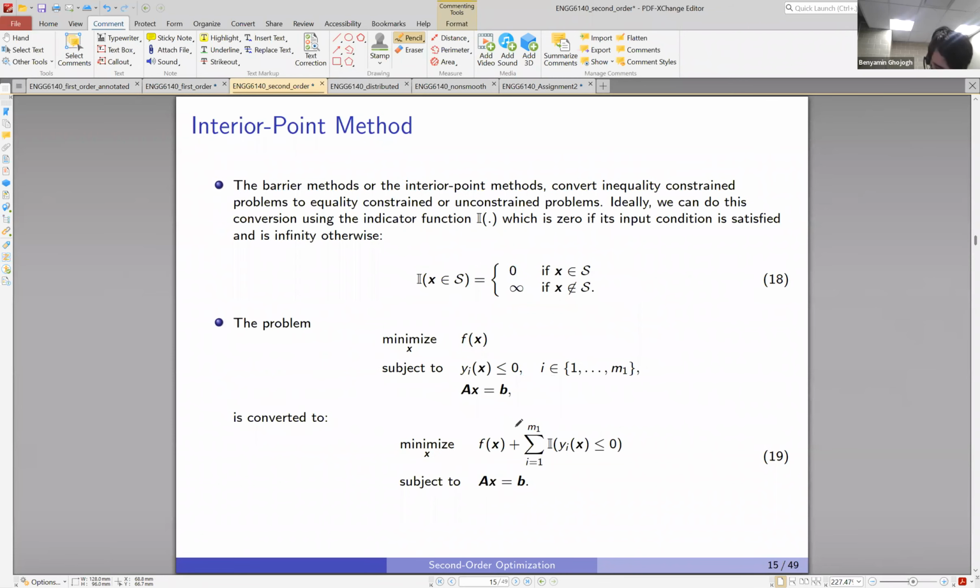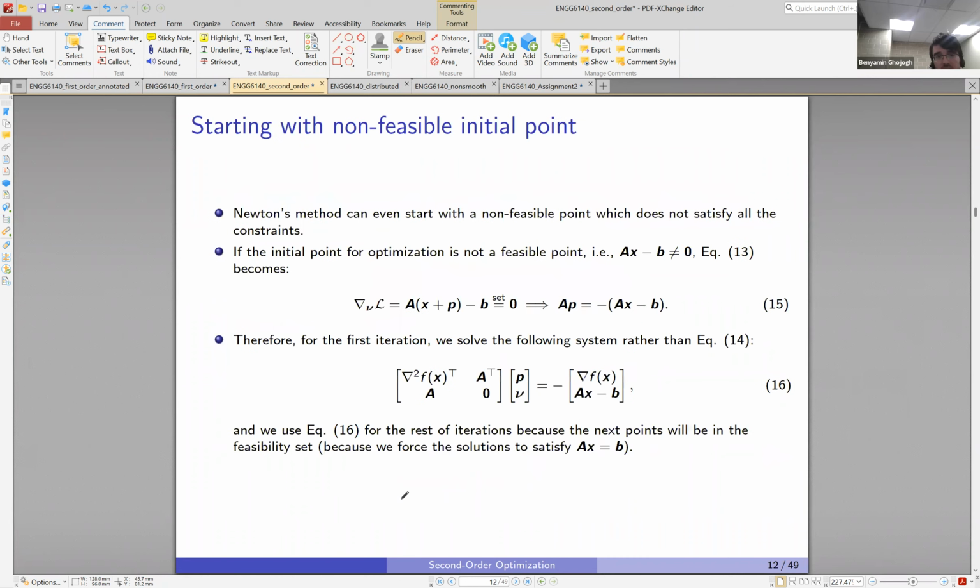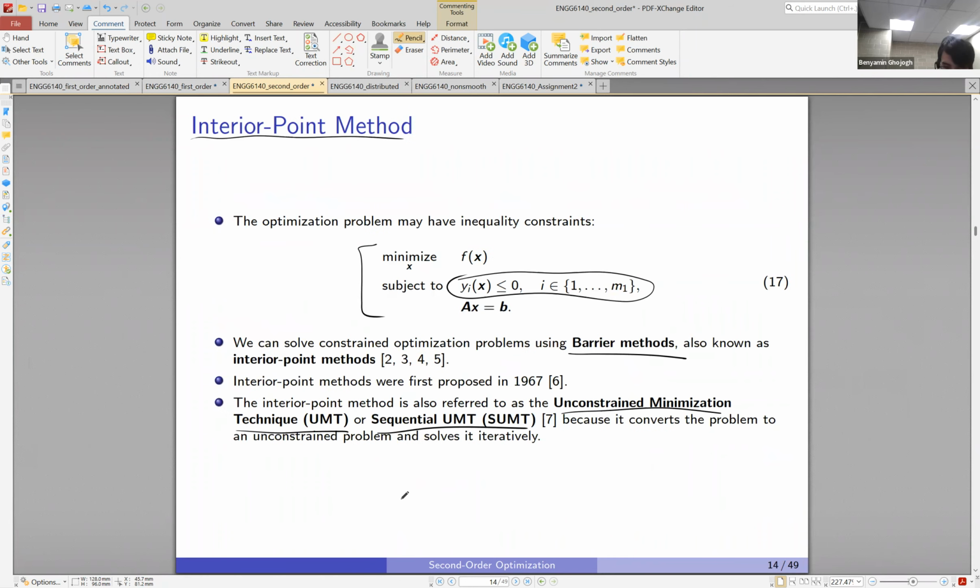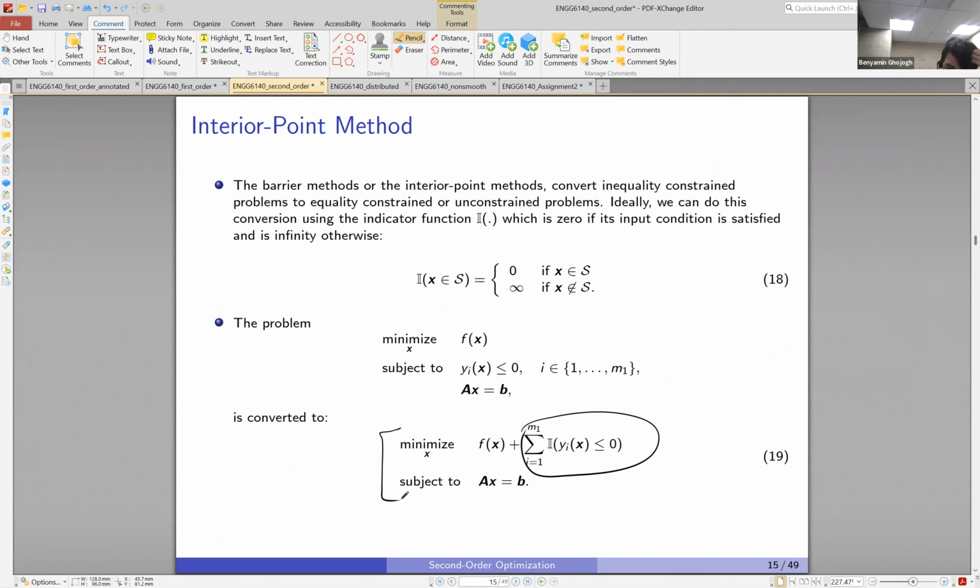The technique was to have the inequality constraints as an indicator function, which is a regularization term for the objective function. Then this becomes an equality constrained optimization problem, which we discussed in previous slides. So we know how to solve this.